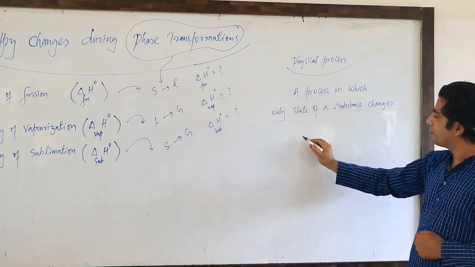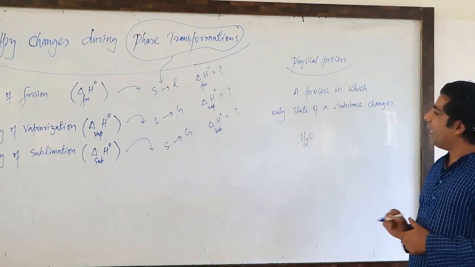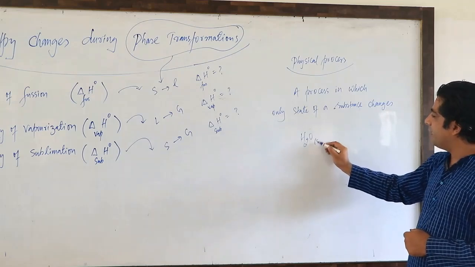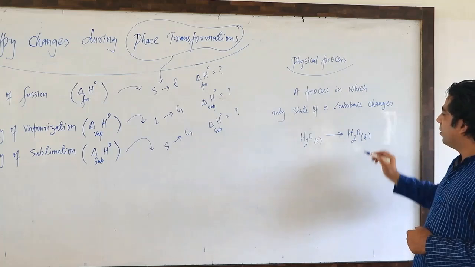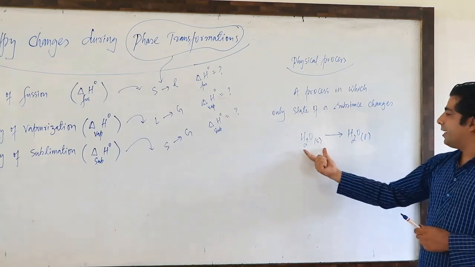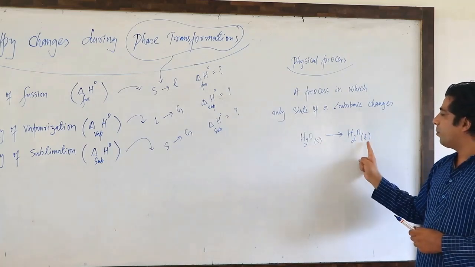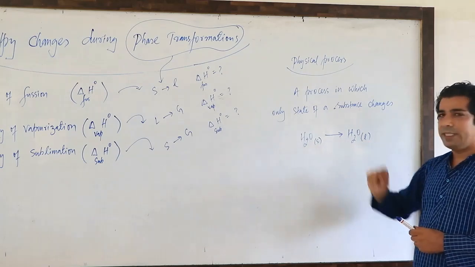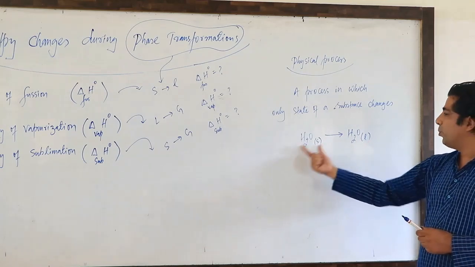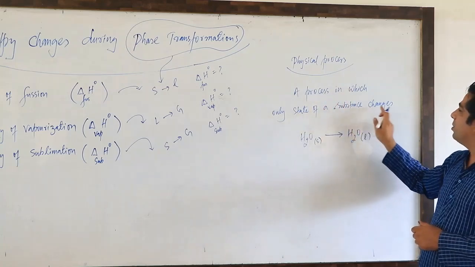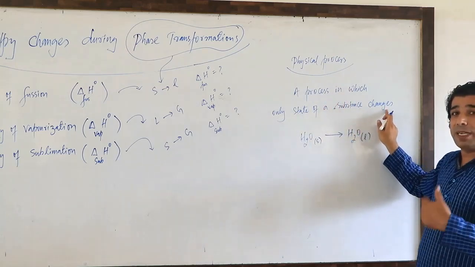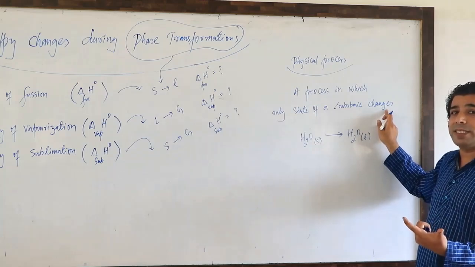Have a look here. If I have water with me and that is ice, solid, I will convert it into liquid water. You will see that the state has changed here from solid to liquid, but the substance will remain the same. This is H2O, this is also H2O. A process in which only the state of a substance changes, but the substance itself remains the same.